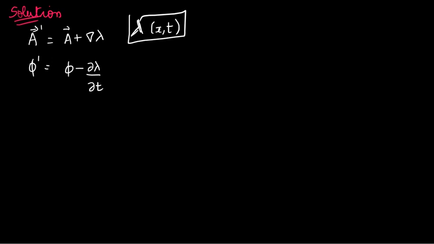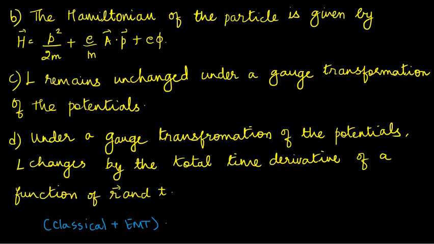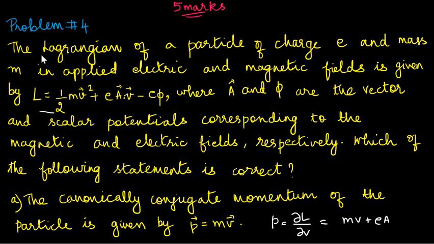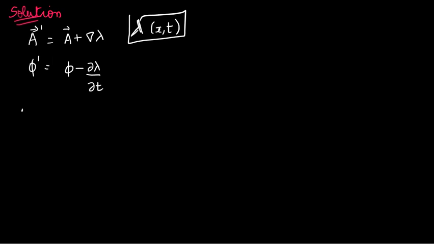So now I'm going to substitute in this Lagrangian, instead of A and phi. I know my Lagrangian to be L equal to half mv square plus eA minus e phi.